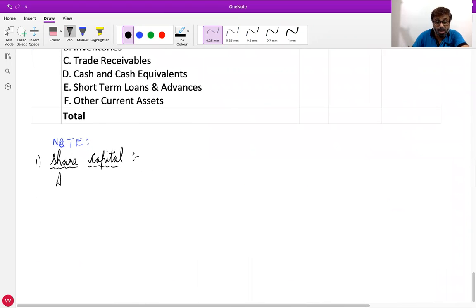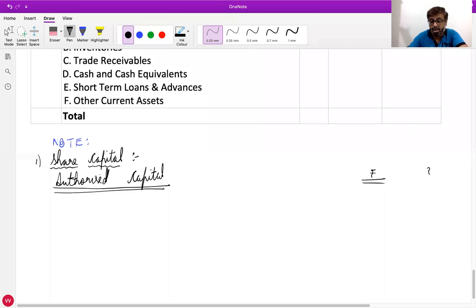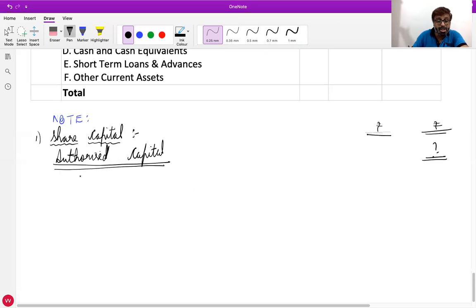First of all, write down authorized capital, question mark. Authorized capital is not given in the question, so authorized capital will come as question mark. Then issued, subscribed and paid up capital.